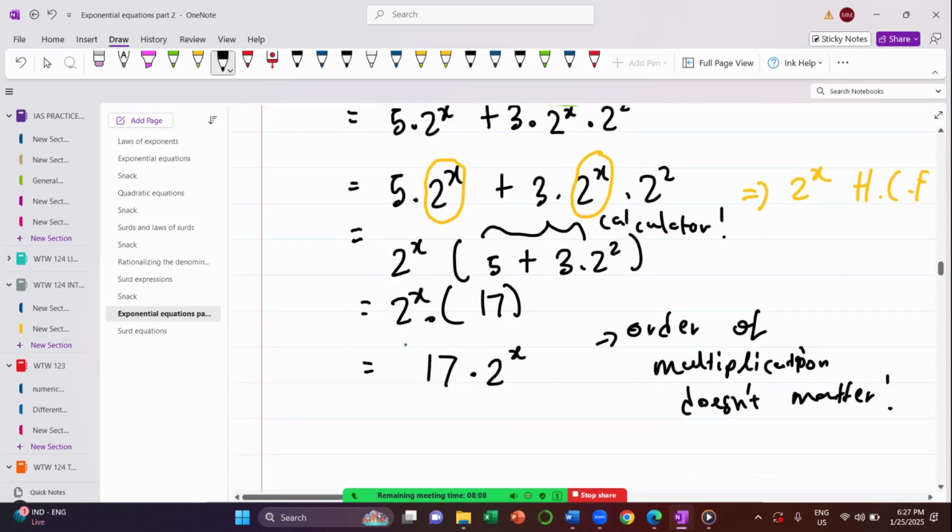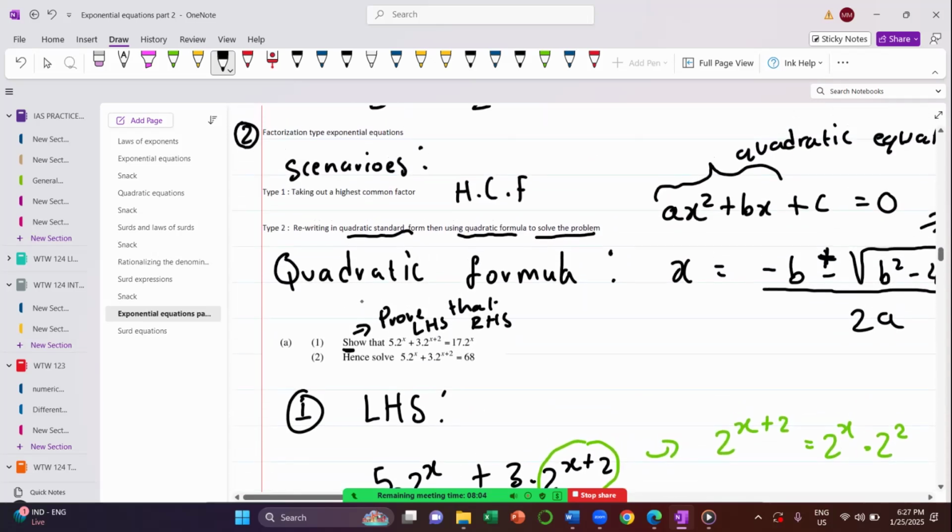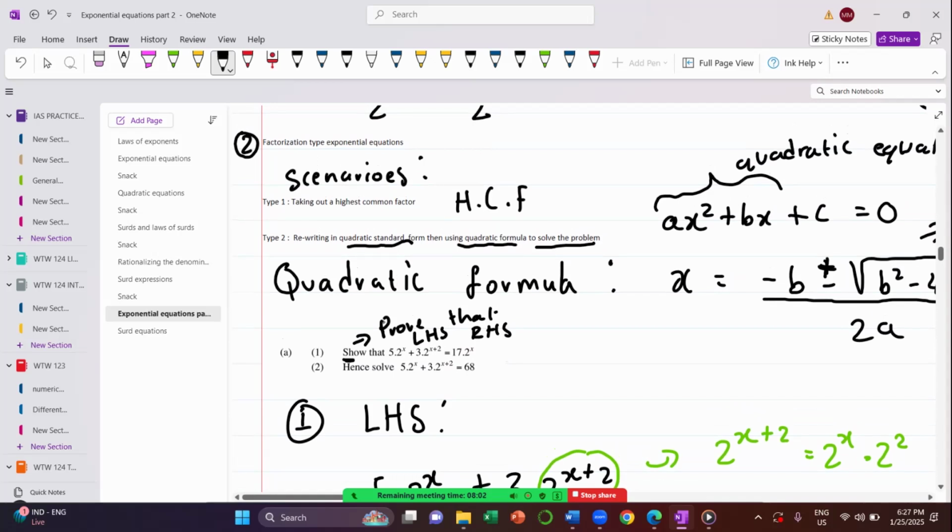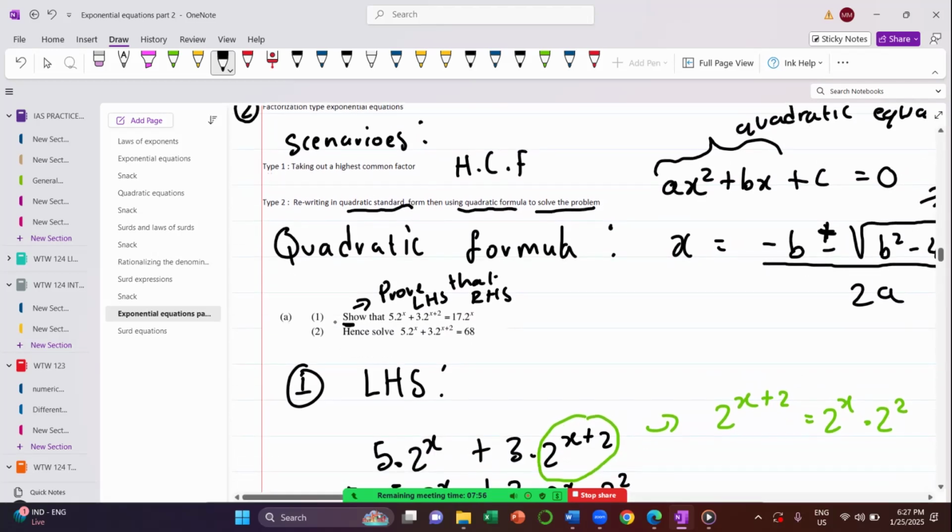We now know that this expression on the left is equal to what is on the right. Are we okay? Yes, sir. So now, A1, I had letter A, and I'm going to A2 now. Now they say hence or therefore.